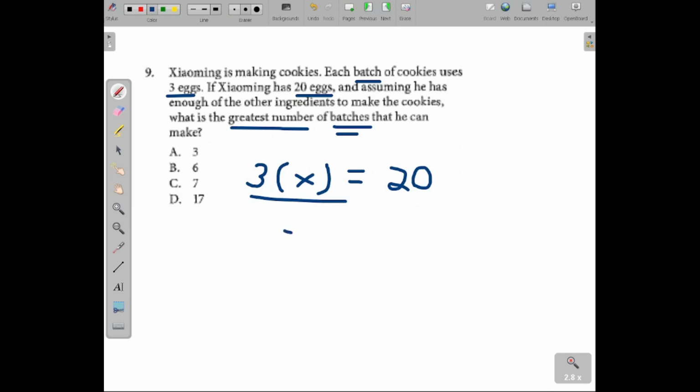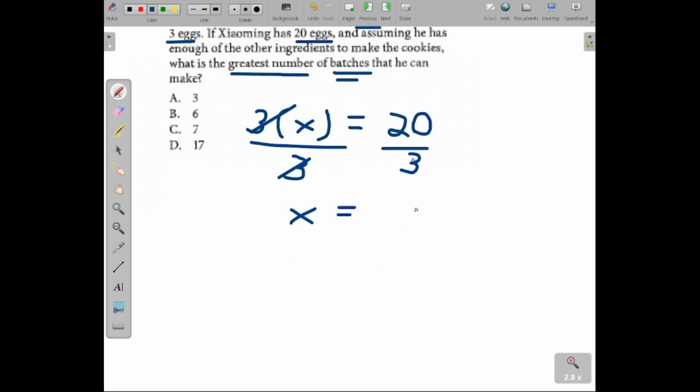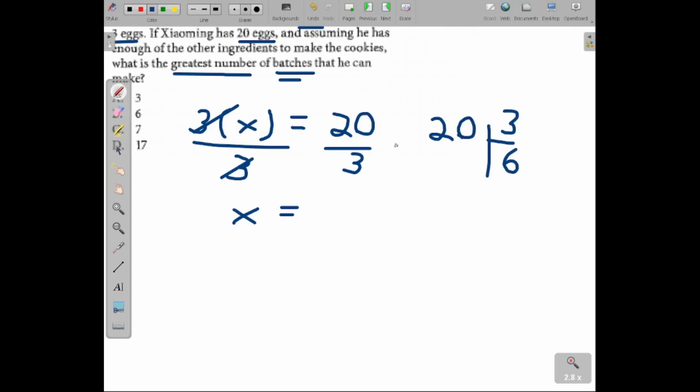We can divide the whole equation by 3. Here we'll cancel out the 3. x is equal to 20 divided by 3. 3 times 6 is equal to 18. So we have 2 left. We can get a decimal here. We add the 0. And we'll continue in this cycle.